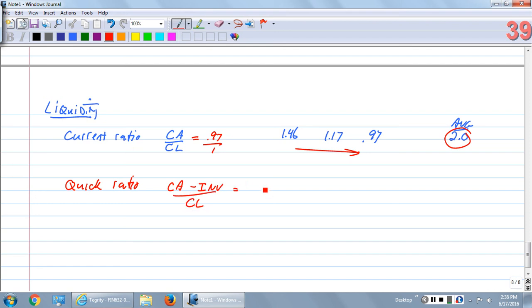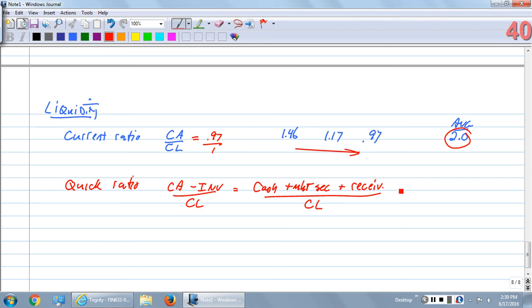They say cash plus marketable securities plus receivables divided by current liabilities, which is the same thing because current assets equals cash, marketable securities, inventories, and receivables.